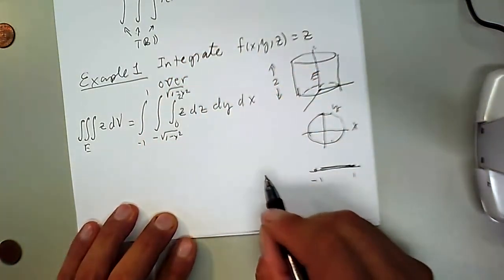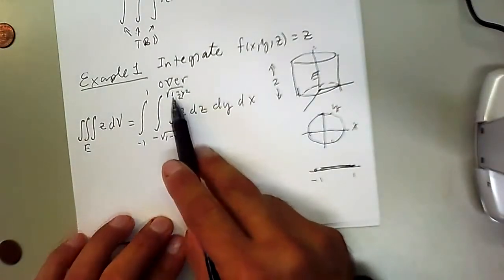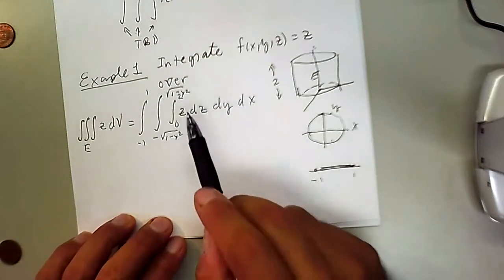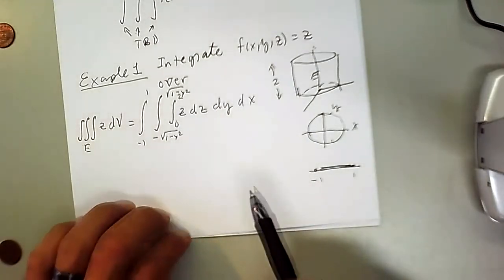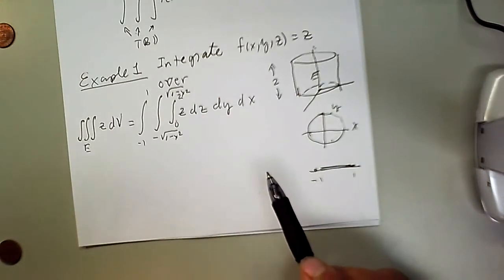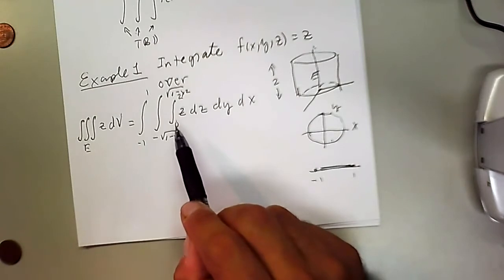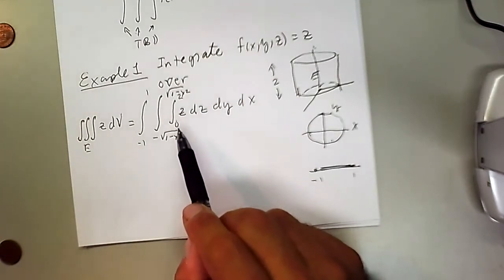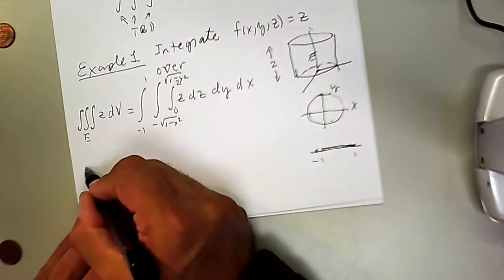This is not actually too bad of an integration, even as is. In example 2, we're going to handle this situation again with a different solid. But let me show you how we change this into polar coordinates, or rather cylindrical coordinates.